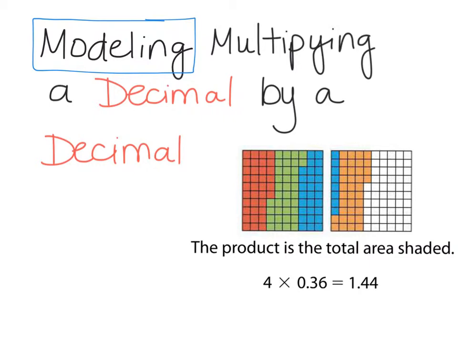You would color in your first group of 36 hundredths, then your second group using a different color, your third group using a third color, and the fourth group using your fourth different color. Then if you count up the total, it will give you your product, which would be 1 whole and 44 hundredths.